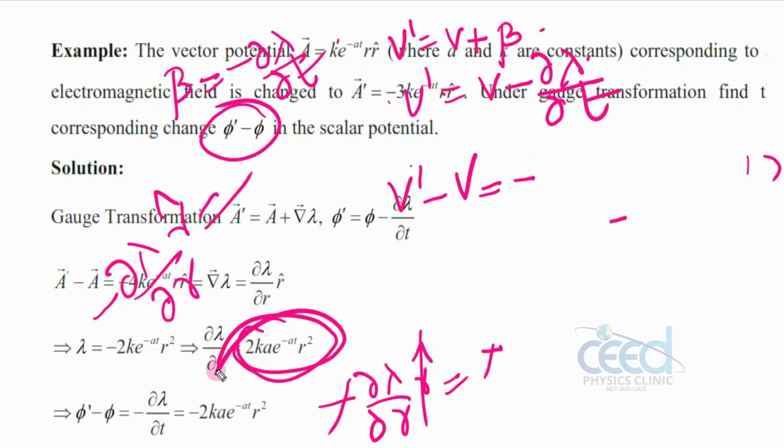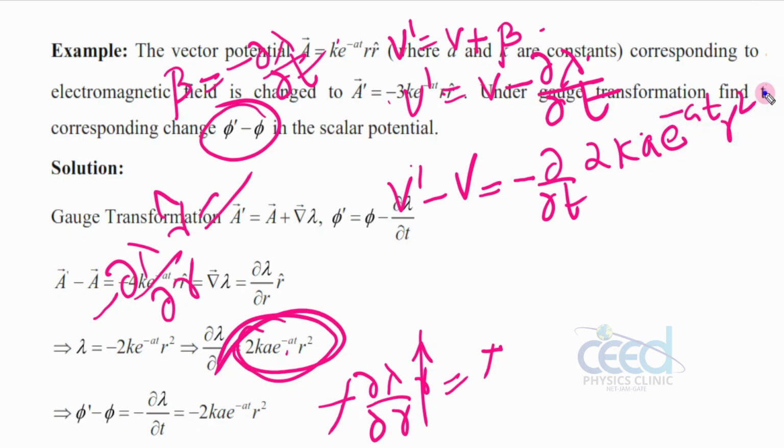Lambda we solved; with respect to t we differentiate, so ∂/∂t of the lambda value, substituting 2k e^(-at) r².